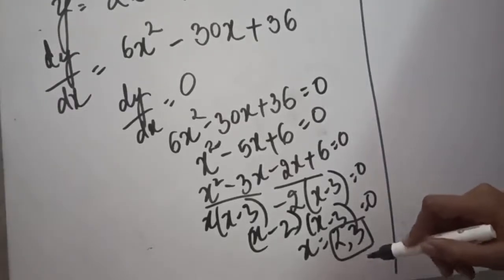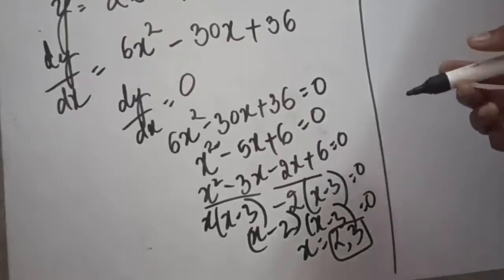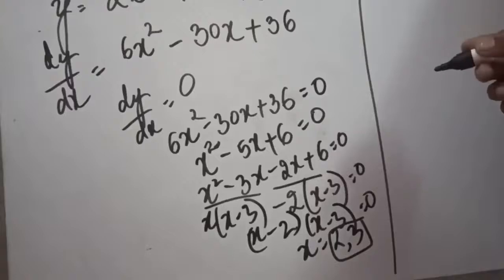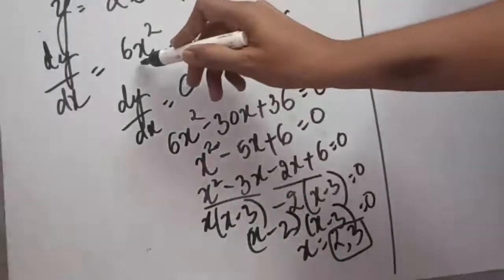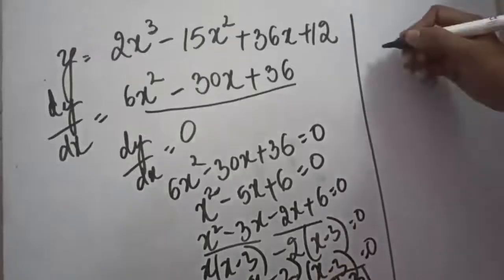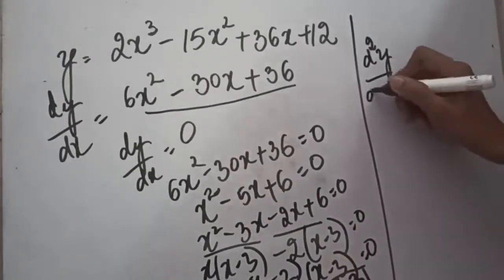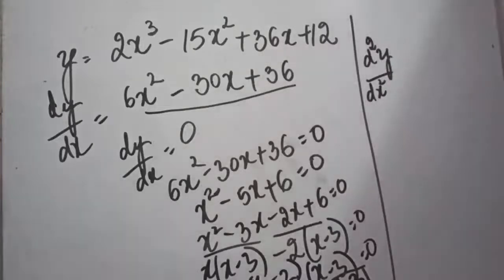Now we have to find out which value is the maxima value and which value is the minima value. For that we will have to follow the next step. The next step was taking the derivative again, which is known as the rederivative. So for the rederivative we write d square y upon dx square.